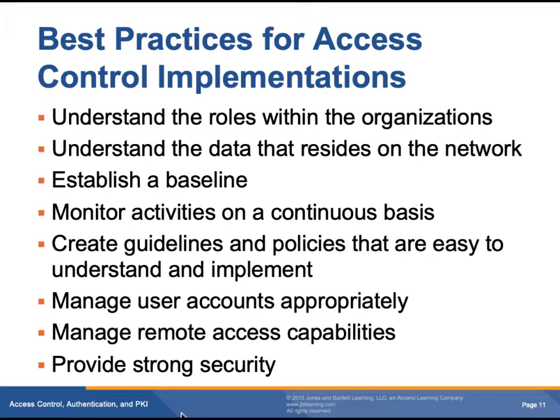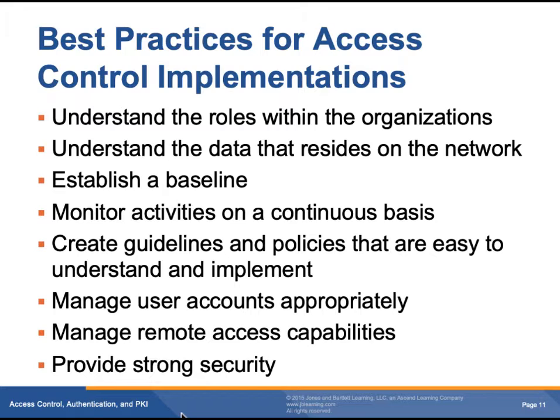Number 4, monitoring activities on a continuous basis. Number 5, create guidelines and policies that are easy to understand and implement. Number 6, manage user accounts. 7, manage remote access capabilities. And 8, provide strong security.